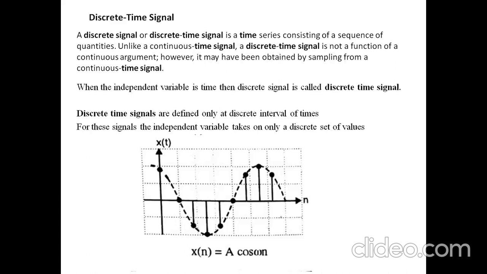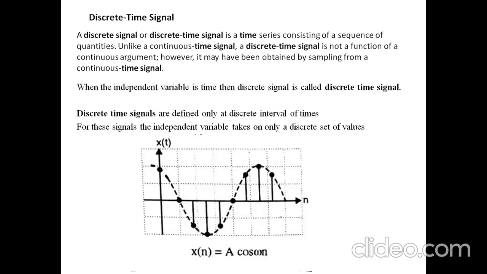On the x-axis it is represented by n, and on the y-axis it is represented by x of n. By mistake it is written as x of t. At the bottom, its expression is given: x of n equals A cos omega n. Whenever we talk about a discrete time signal, you can define it as a signal defined only at discrete intervals of time.